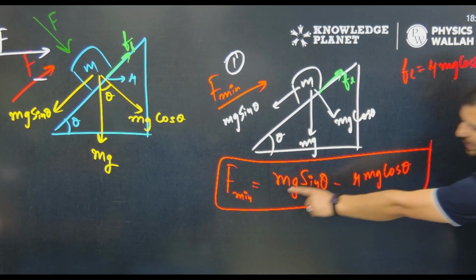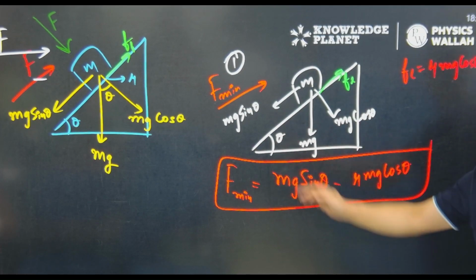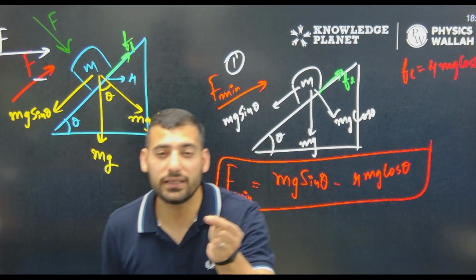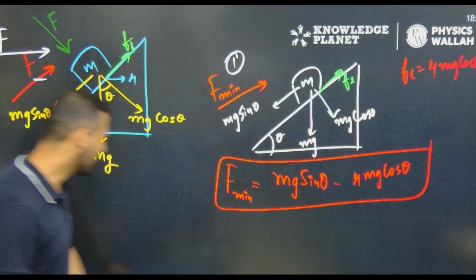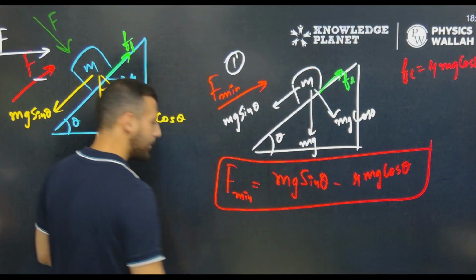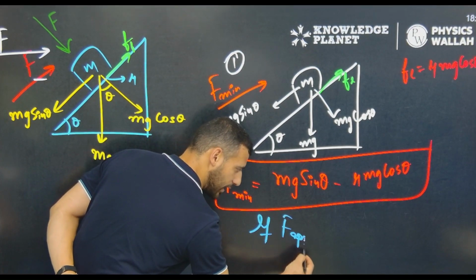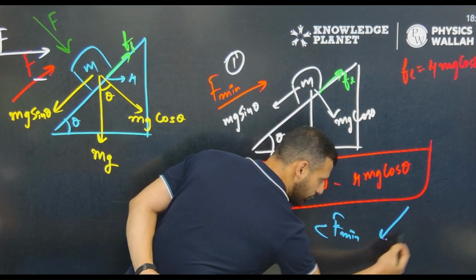If the force is less than F min, what will happen? It will still come down. What if the force that you are applying is a little more than F min? If F applied, understand, is less than F min, the block will come down, right?